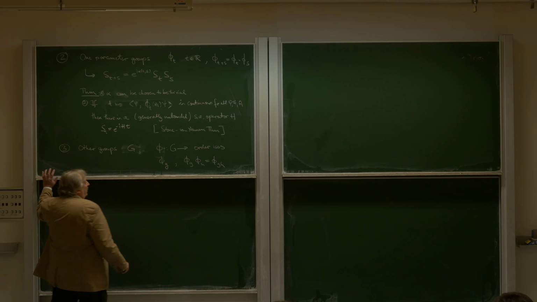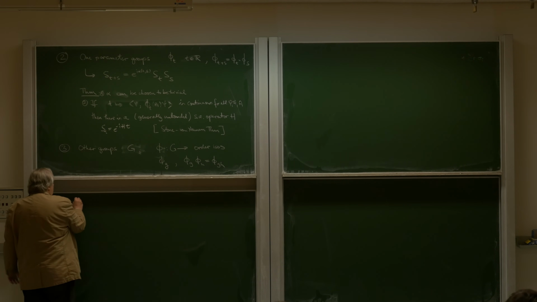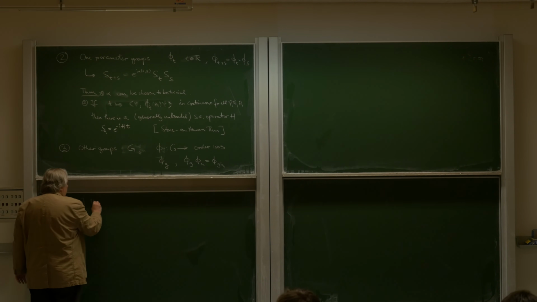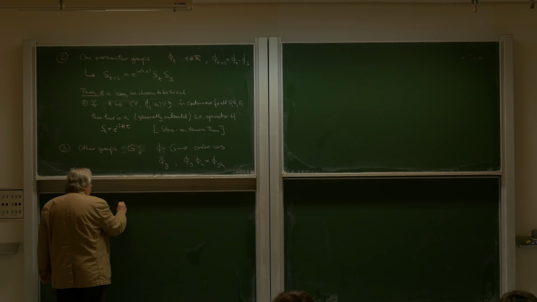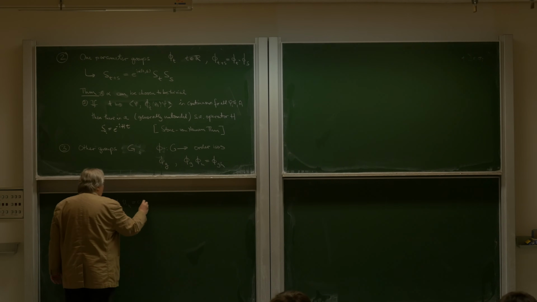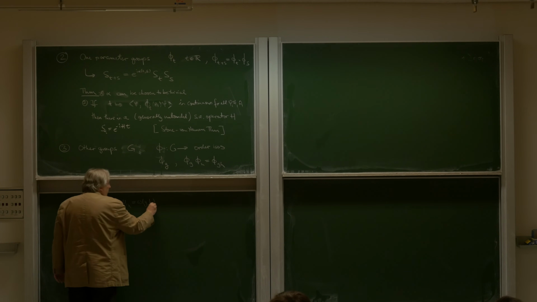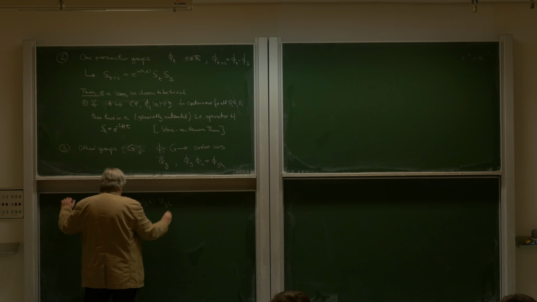And so this implies there exist unitary operators, U g, so that U g U h is some phase function mu(g,h) times U gh.